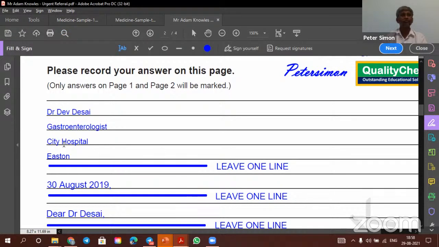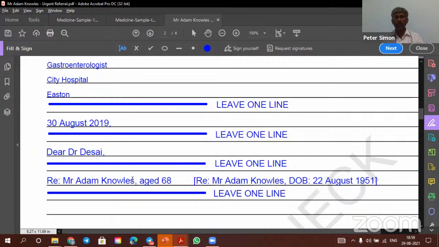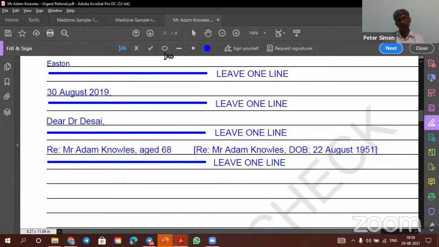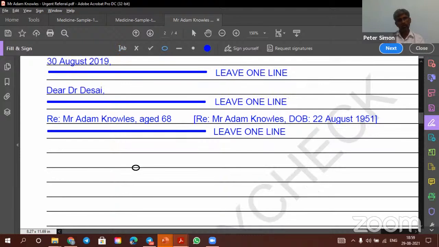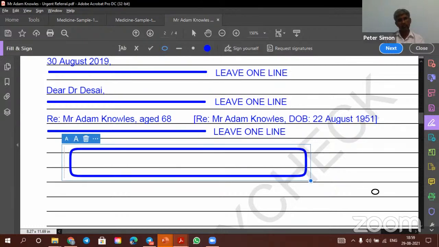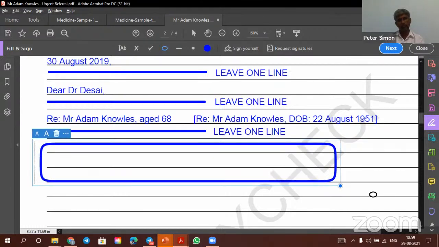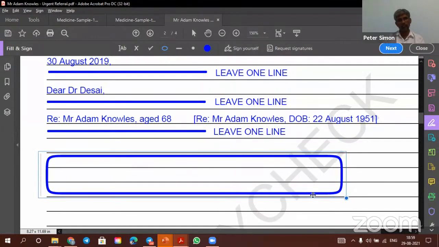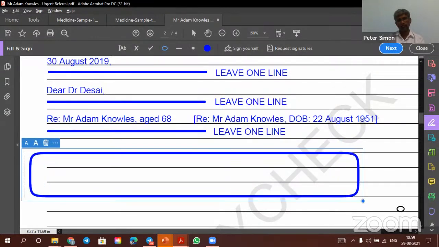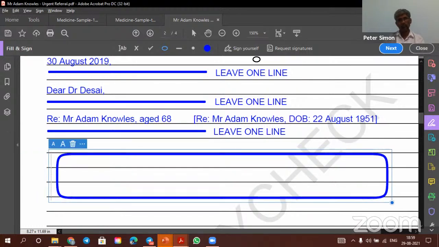Okay, so regarding Mr. Adam Knowles, date of birth 22 August. Okay, fine. So these are the points. Next, what you have to do is... So this is the body of the letter.